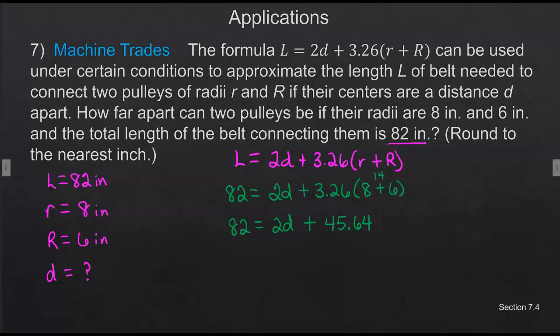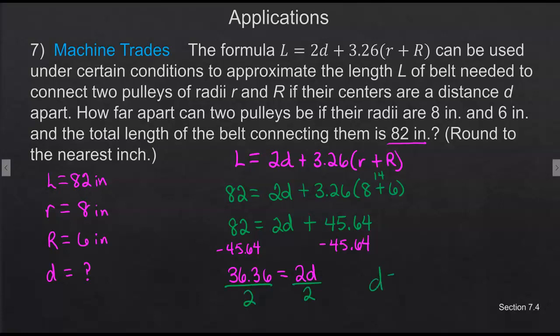At this point, then we can subtract 45.64. And that leaves us with 36.36. And now we're to the solving step. So we're going to divide by 2.